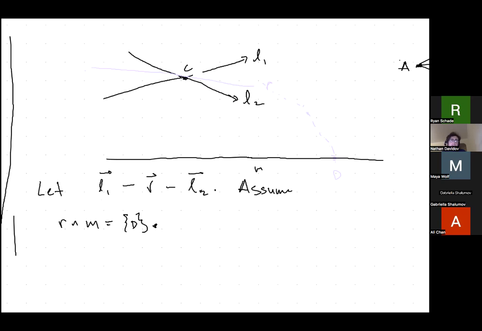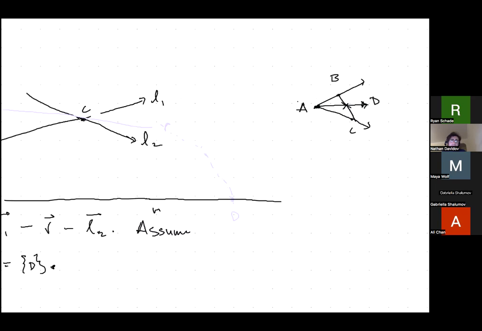So now, let me just draw the picture. C is going to be our common point. You have L1, you have R, the line R, and you have L2. Wait, am I messing this up? No, I think I'm right. You know that R and L2 are parallel. Oh wait, do you know that?